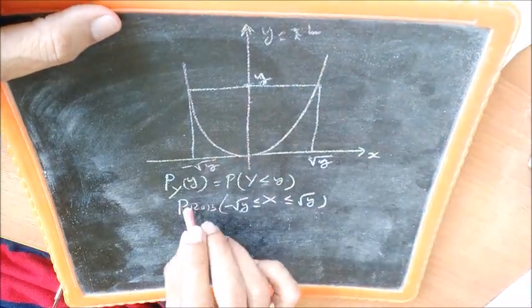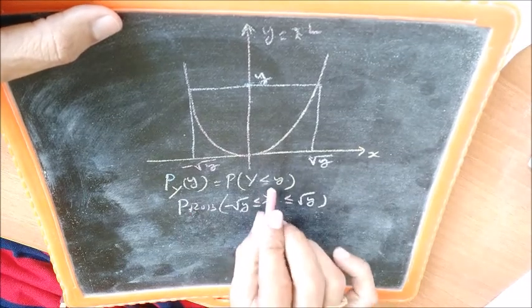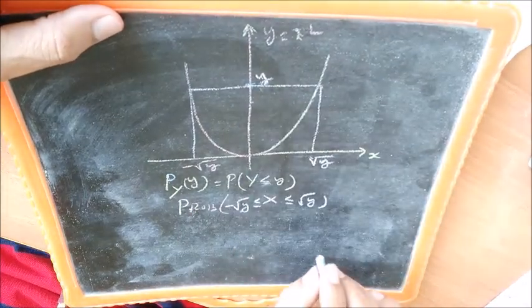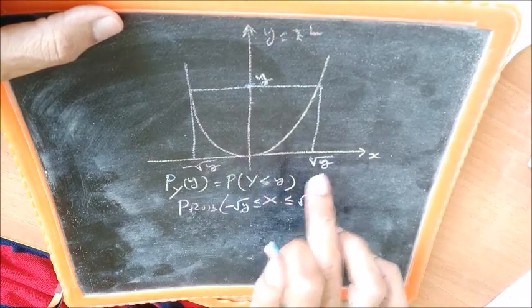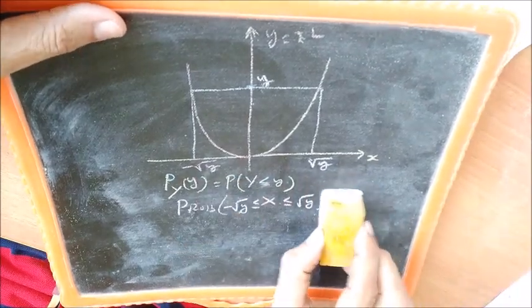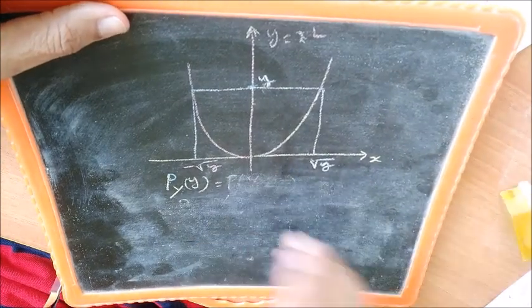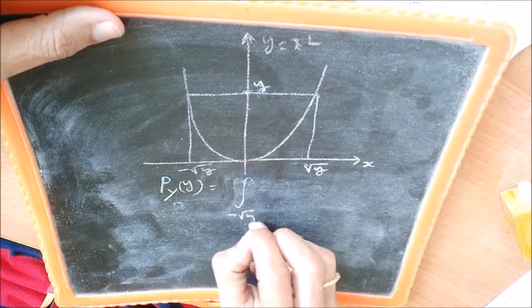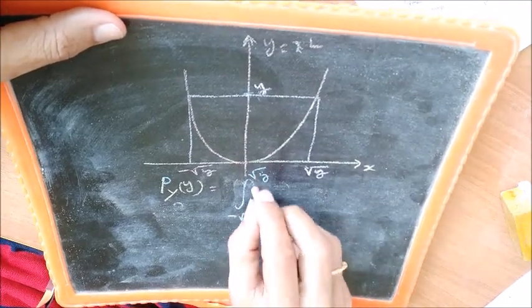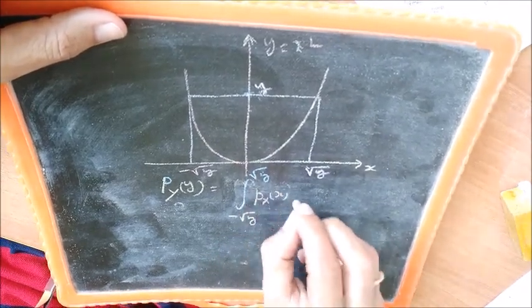So the probability of y taking a value less than or equal to some small y is the same as the probability that the random variable x takes a value between minus root y and root y. And since we know the density function of x, we can write this like this.